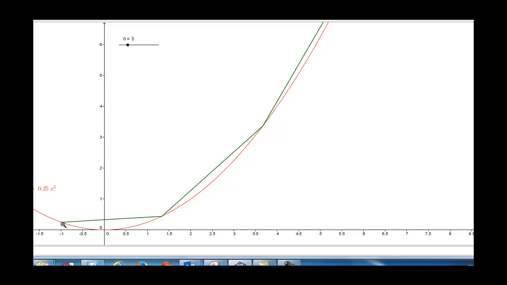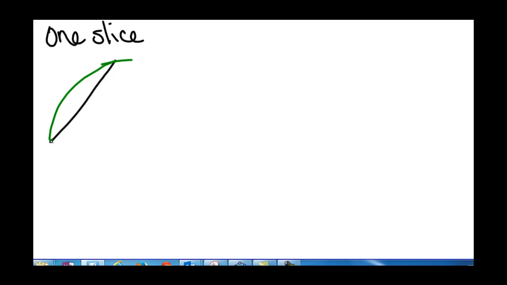And we can extend this idea to making many straight line segments to approximate our curve. We'll find that as we have more and more lines to approximate our curve, we'll get a better and better approximation. So now, if we have one slice drawn with the straight line, here's our actual curve, and we have our right triangle.